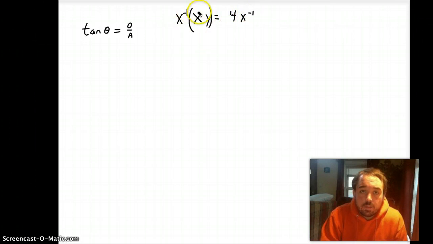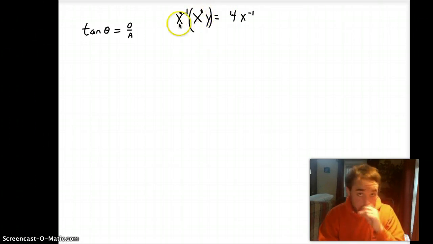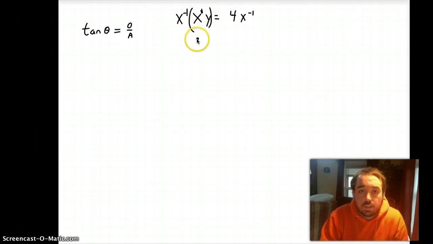So x to the negative 1 times x to the 1, when you have exponents, those add, so that's x to the 0, and anything to the 0 is 1. So you're left with y equals 4x to the negative 1, which is the same as y equals 4 divided by x.